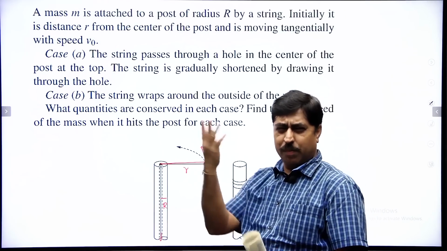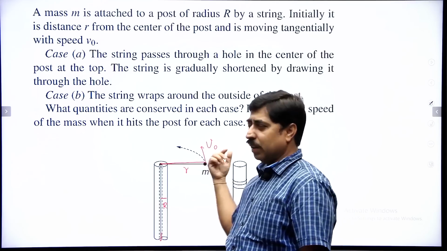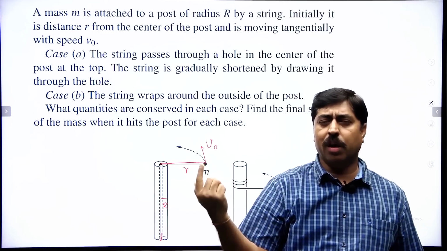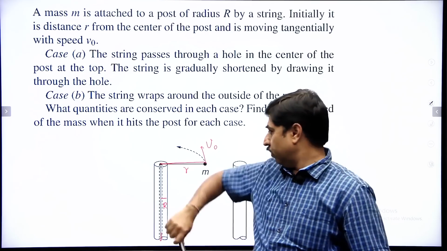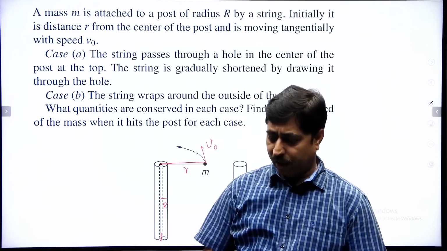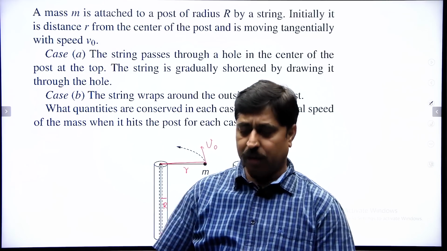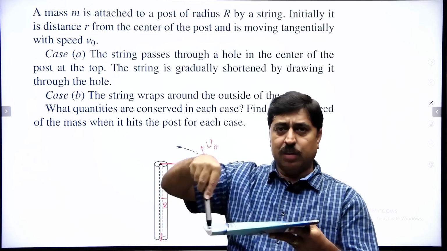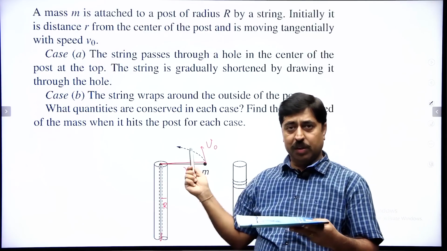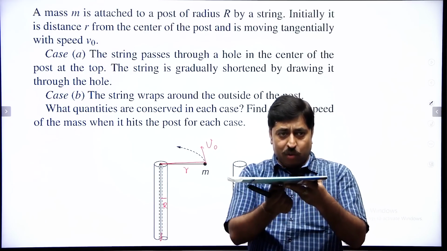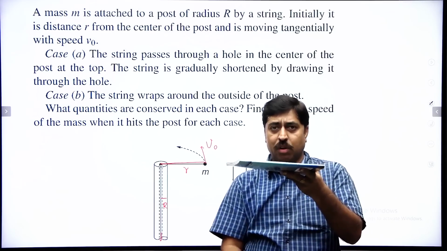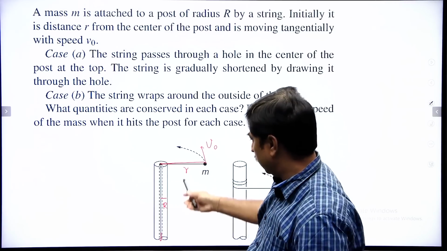For simplicity, just imagine that this mass is going in a circle on a horizontal, smooth table. Forget about the effect of gravity. This is the situation that there is a tabletop. This mass is going in a circle of radius r initially with speed v naught. There is a small hole here. The string comes here, and you can draw the string down through this hole. So this is the first situation.